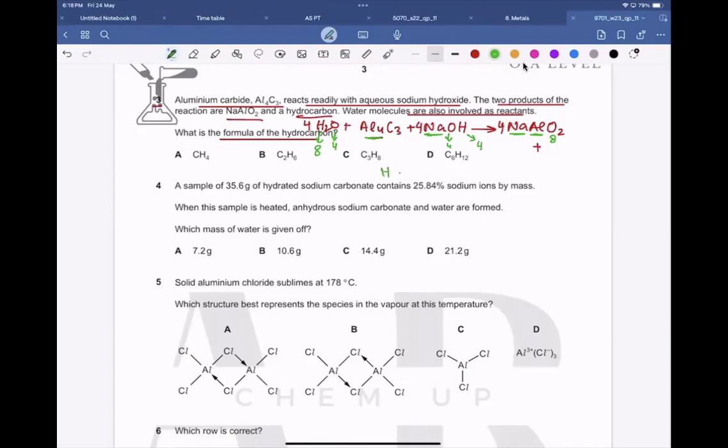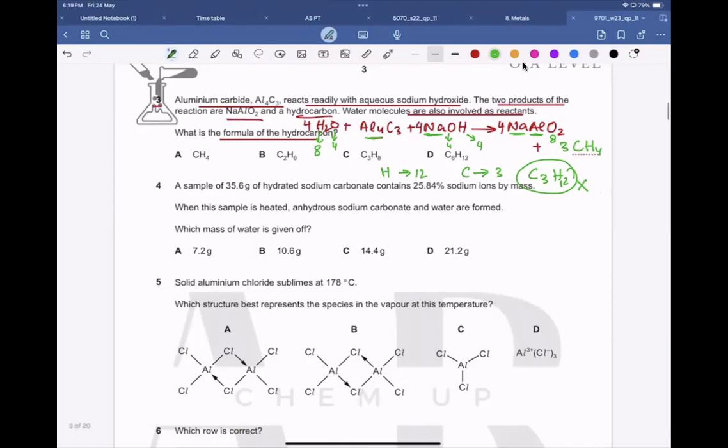So how many hydrogens do we have? 12 hydrogens. And how many carbons do we have? 3 carbons. So C3H12, is this possible? No, not at all, because the general formula is CnH2n+2, right? But this is possible if you put C3H4, isn't it?